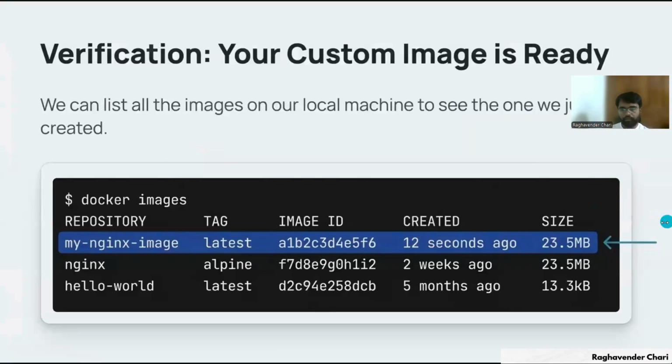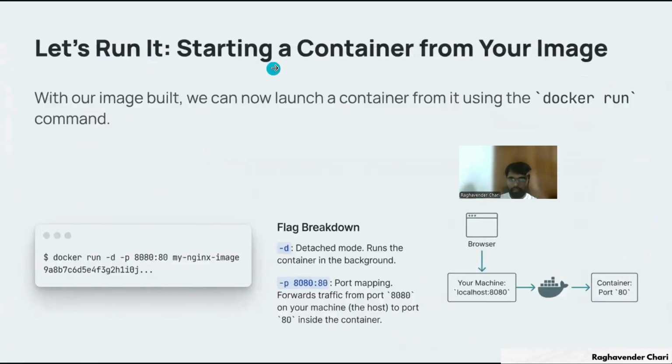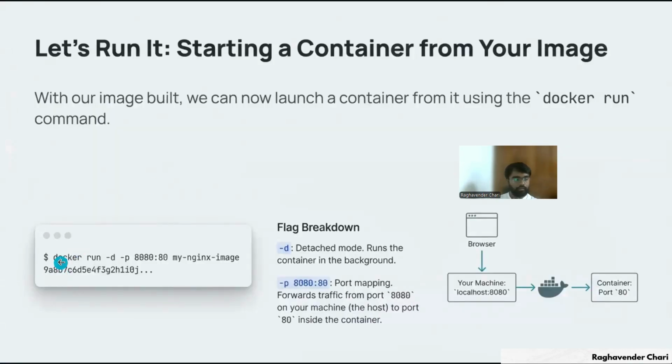Okay, let's run it: starting a container from your image. With our image built, we can now launch a container using the docker run command. Since we have already created the Docker image, we will run the container using docker run -d -p 8080 and then the image name, my nginx image.